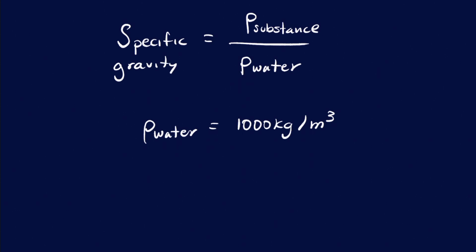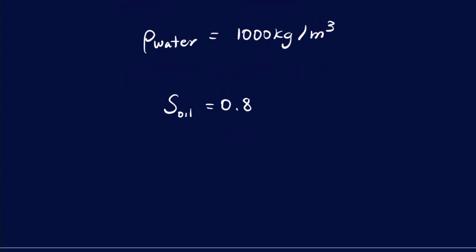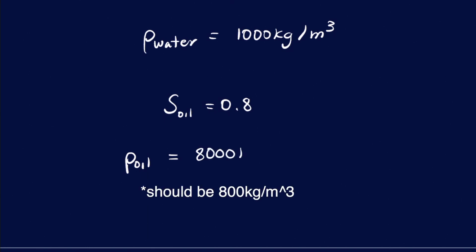In this case, the specific gravity is less than 1. The specific gravity of oil that it gave us is 0.8. So we know that the density of oil is less than the density of water, and that's why it's floating on top. If we put this in on our calculator, we'll find that the density of oil is equal to 800 kilograms per meter cubed.